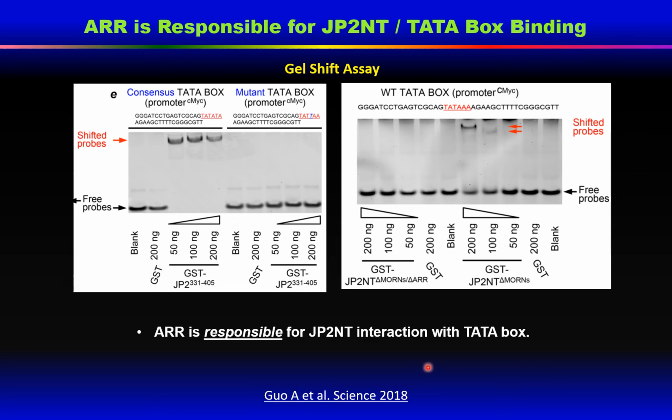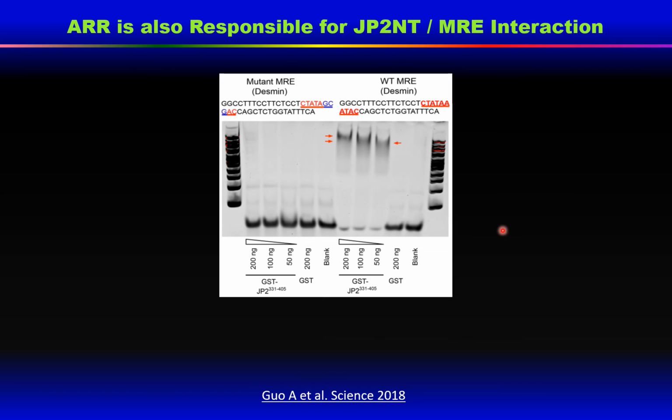All this data suggests that this alanine-rich region is responsible for JP2NT interaction with the TATA box. Using the same approach, we found this alanine-rich region can also directly bind the MEF2 response elements. We know that MEF2 is an important transcription factor regulating the hypertrophy response in the stressed heart.